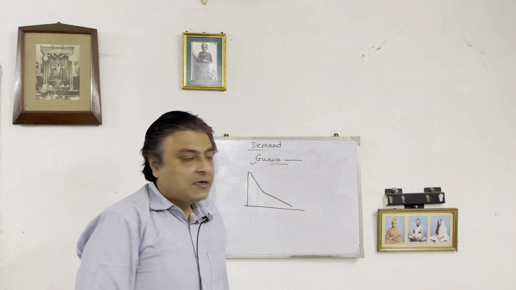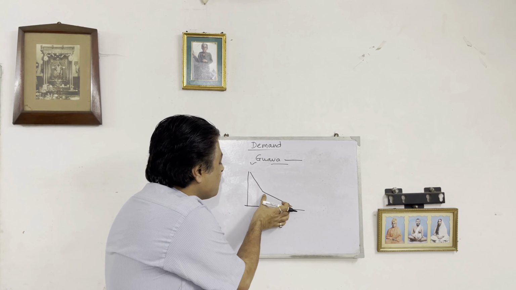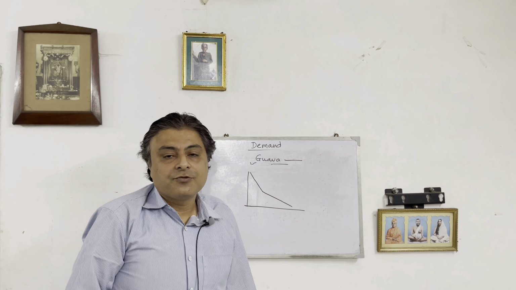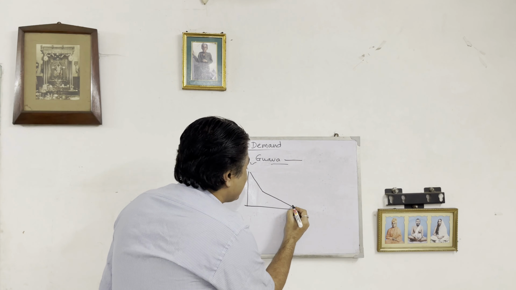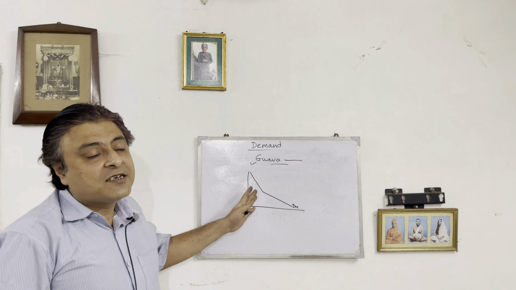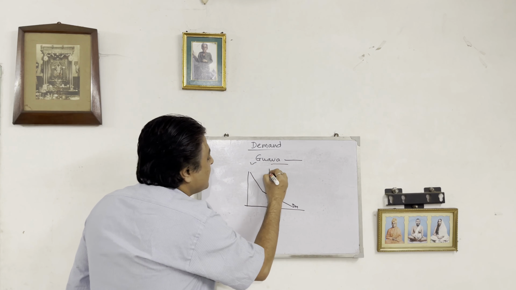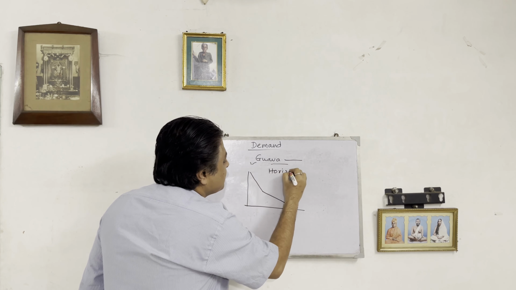Do you remember? The steeper part was for Rocky. The flatter part was for Mithu and Priyanshu. So this way of inspection and drawing the market demand curve is known as the horizontal summation.